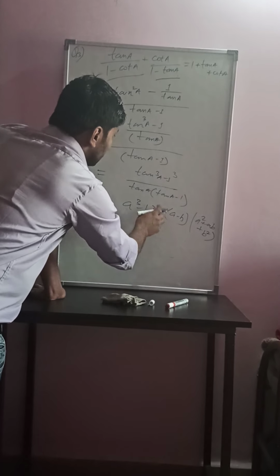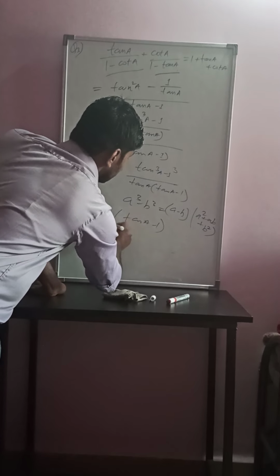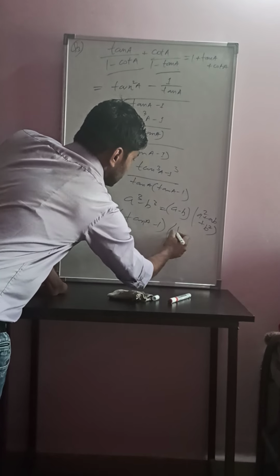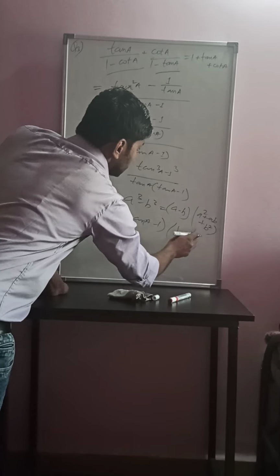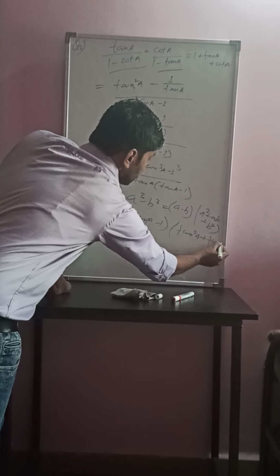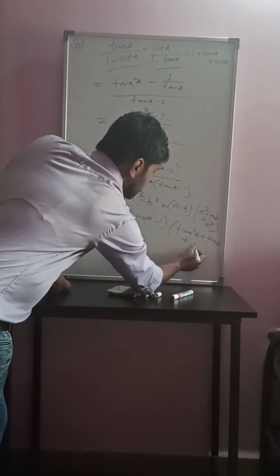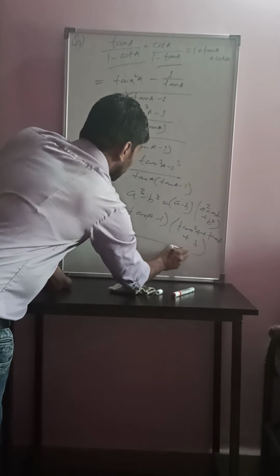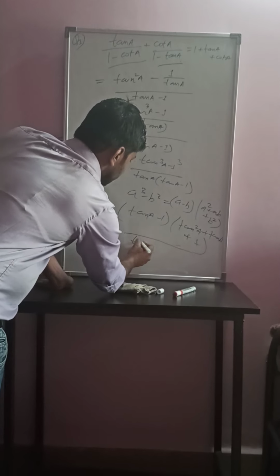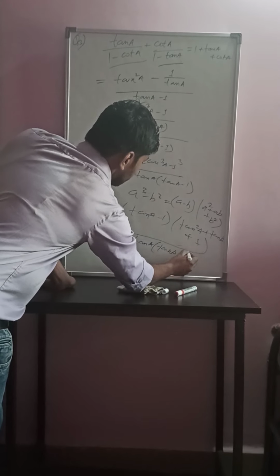So it will be in the form of tan A minus 1 into A square, that means tan A square, then A into B, tan A into 1, so it will be tan A itself, plus B square means 1 square, divided by whatever we have, tan A into tan A minus 1. We got it.